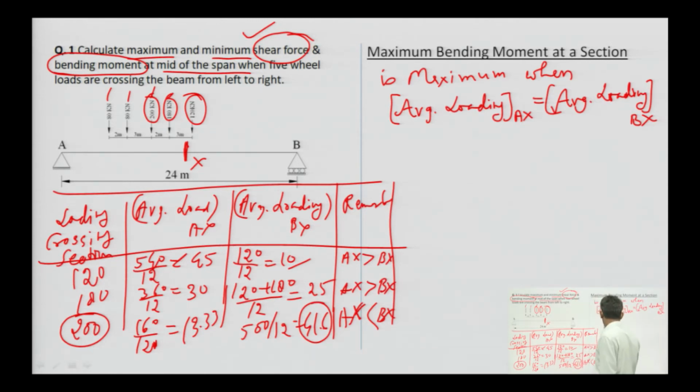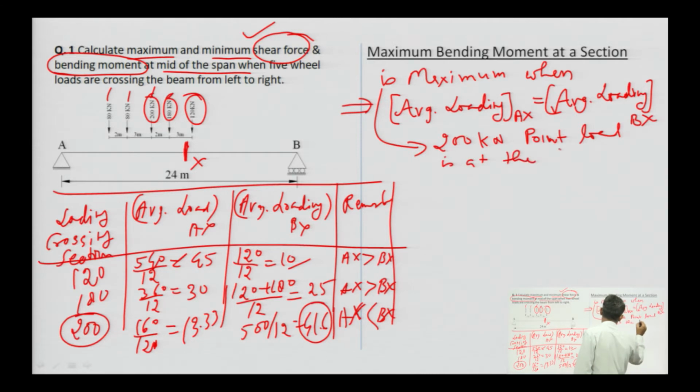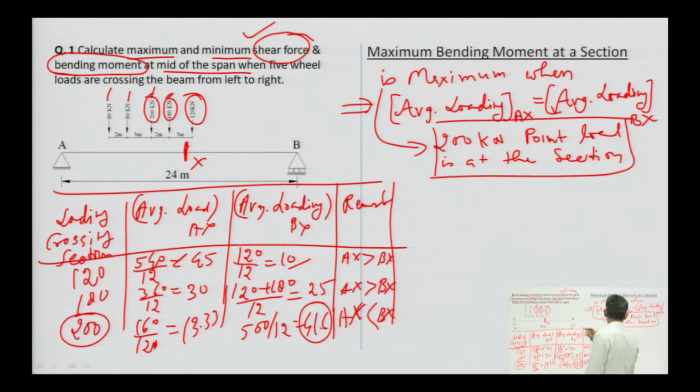Therefore, this condition is not possible, but at this section the bending moment is maximum when the 200 kilonewton point load is at the section. Okay, so this is the condition that we obtain from this table.